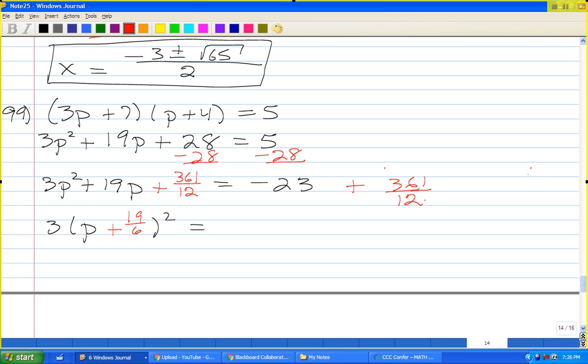And so, let me get a common denominator. The common denominator is 12.